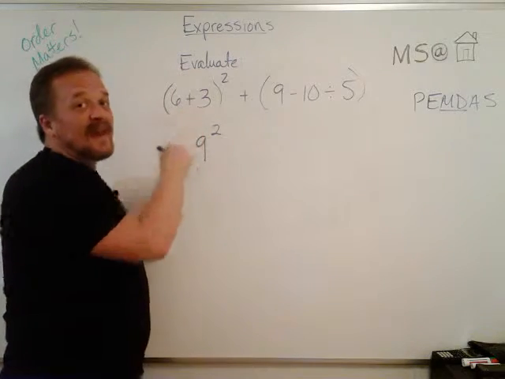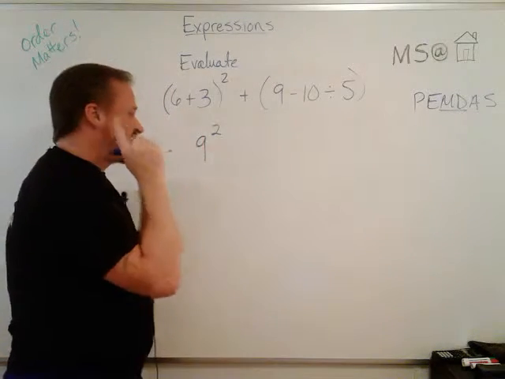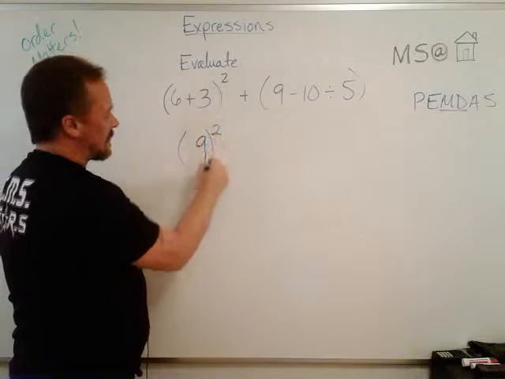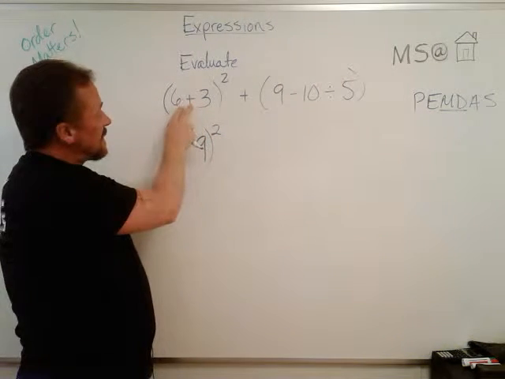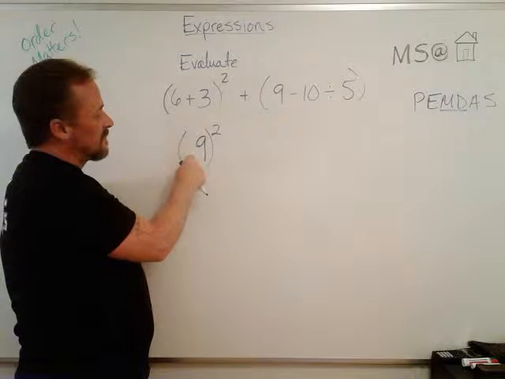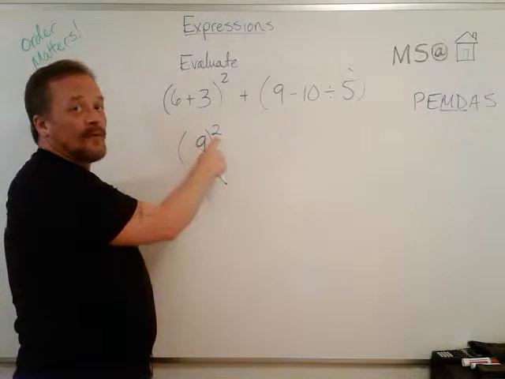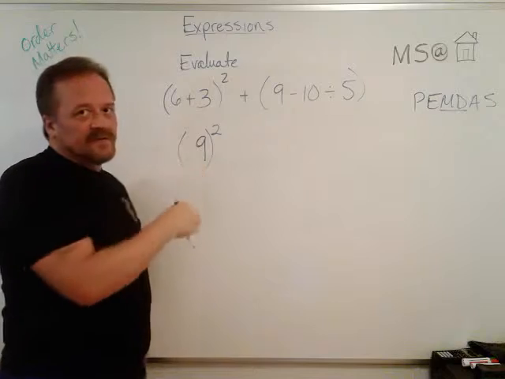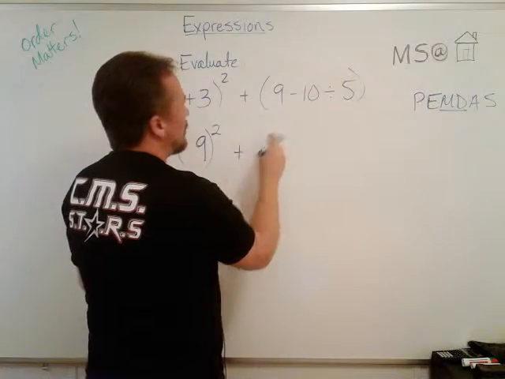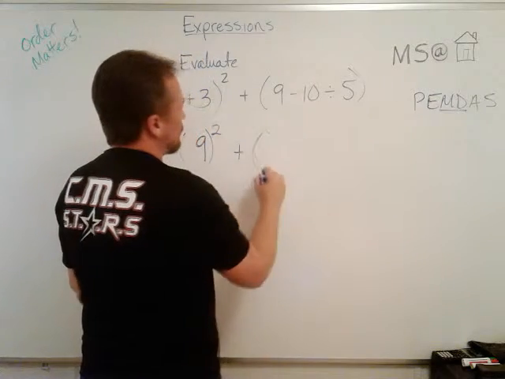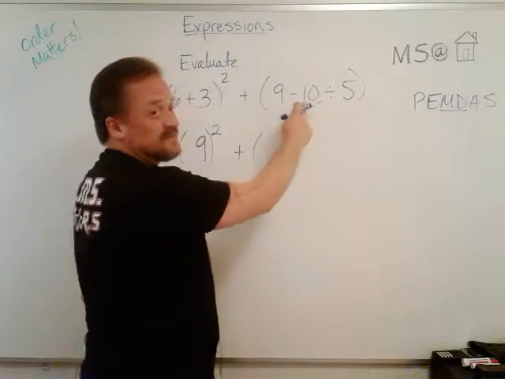If this came out to be a negative number, then I would definitely want parentheses, because if the answer here is negative, that negative number stays inside those parentheses so that I square the whole thing. But since it's positive, either way. Plus, and then inside this quantity, 9 minus 10.